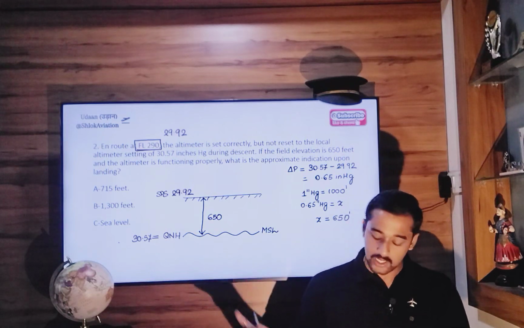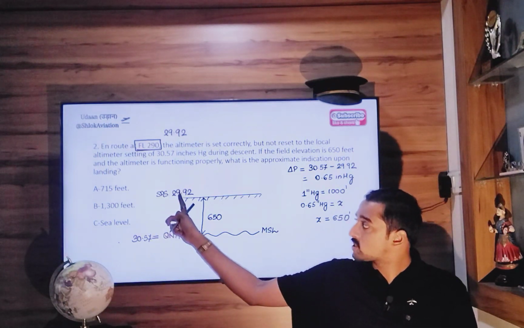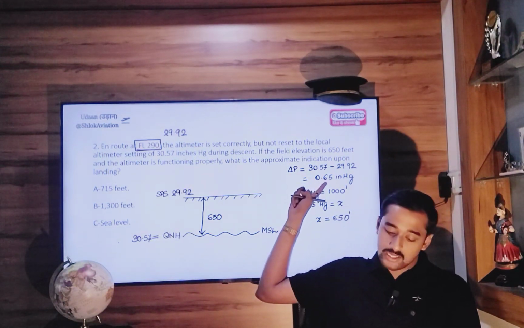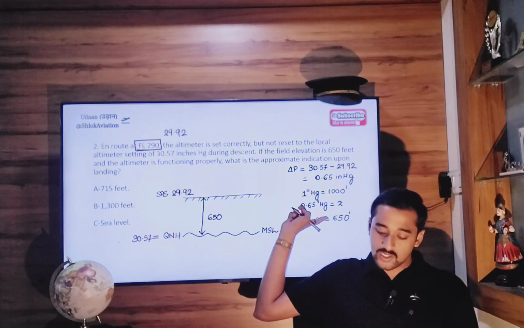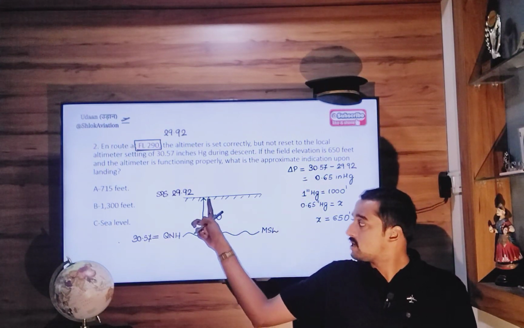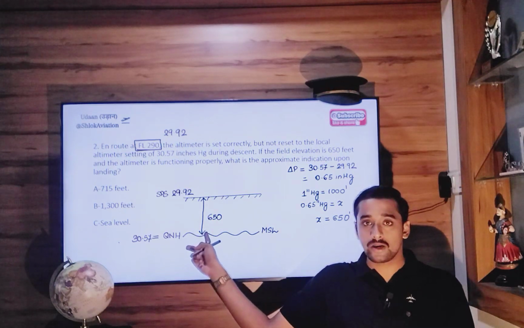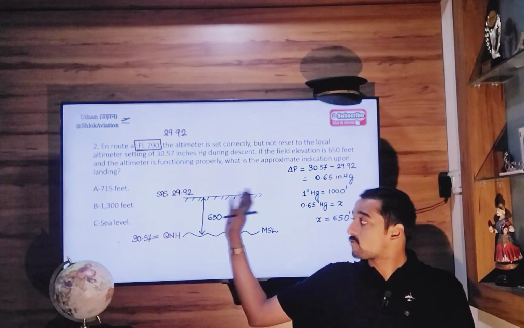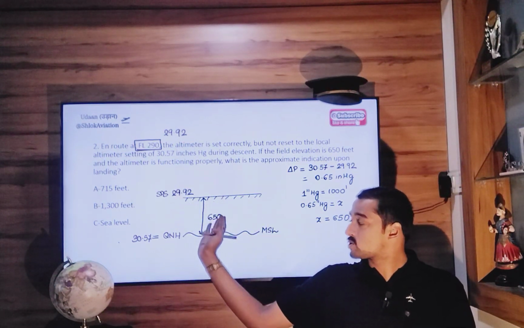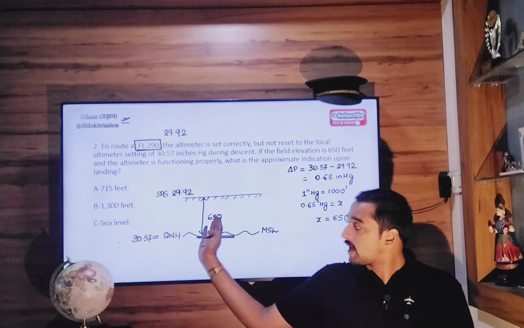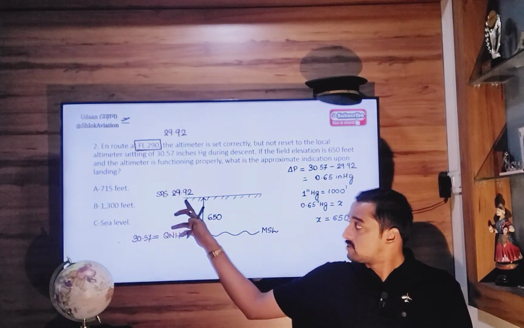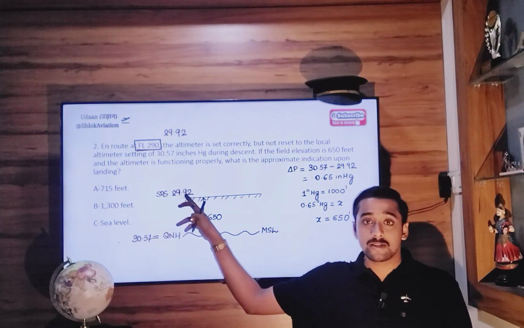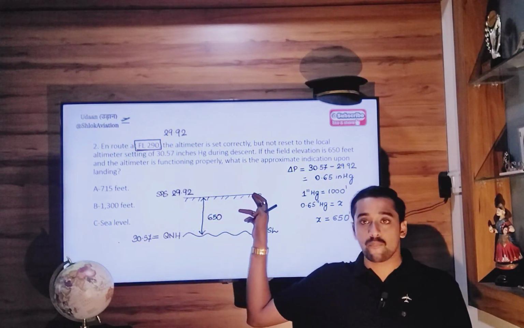Now the difference between these pressure values is 0.65. That is equivalent to a height of 650 feet, vertical distance of 650 feet. So from this we come to know that if this is also 650 feet elevation, that means QNH is 30.57, and 29.92 pressure exists at the airport.